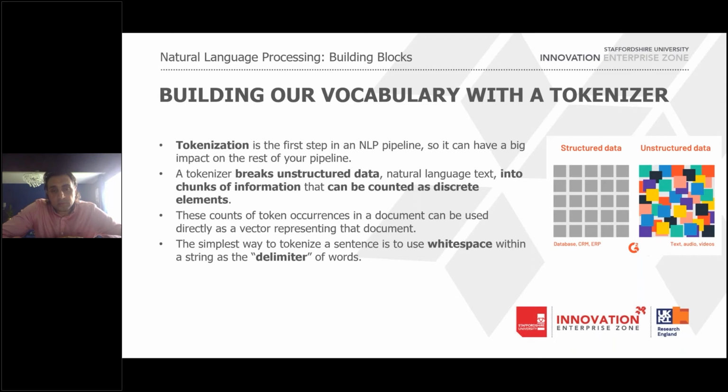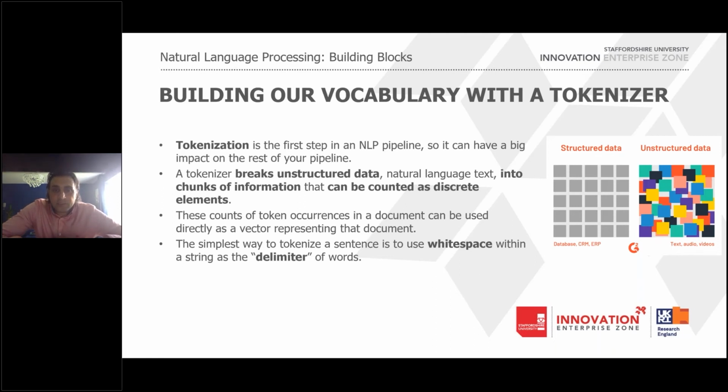Or alternatively, instead of putting how many times this token appeared, we can put whether it appeared as 1 or whether this token did not appear, which is 0. So we can put 1 and 0 to represent the appearance of this token in this document, or the non-existence of this token in the document.